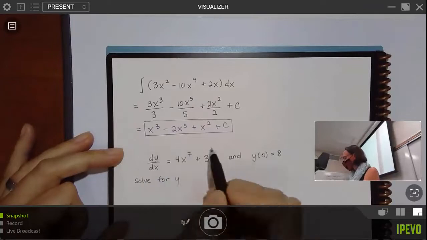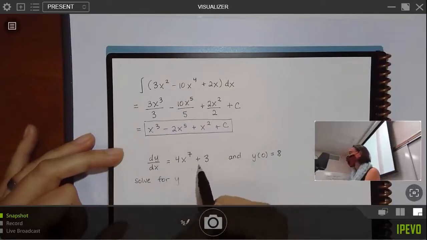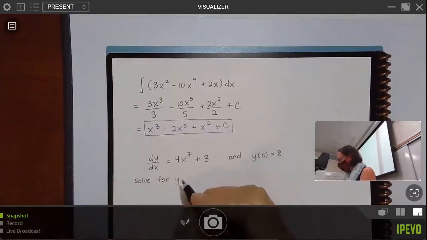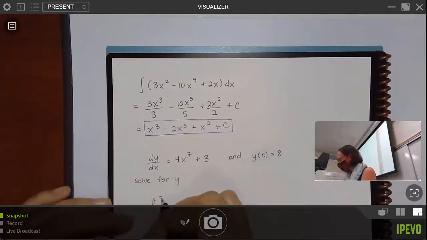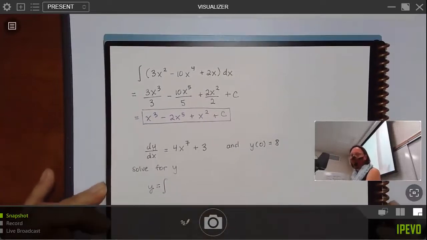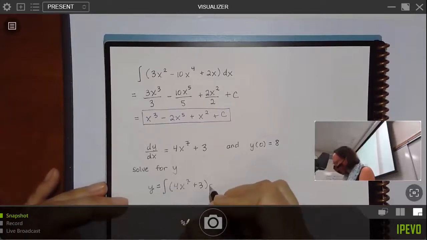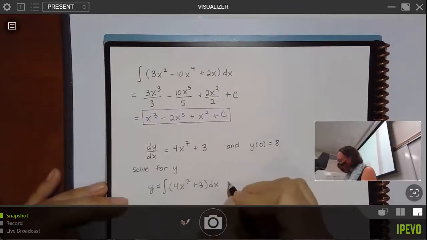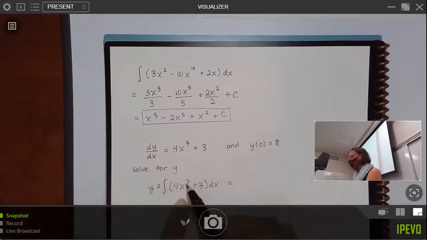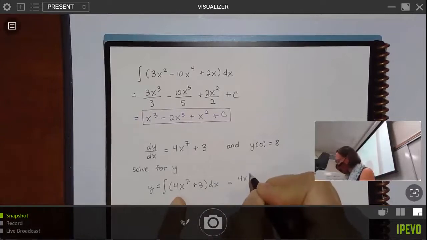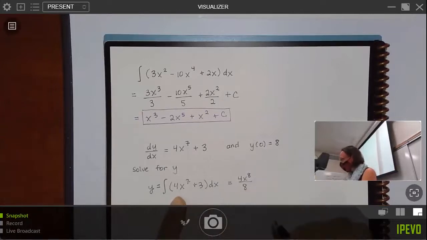So my first step here, if I was trying to solve for y, well, this part is telling me that we have the derivative. To take the antiderivative, part of our notation for that is to write this integral sign, kind of like a big S, of 4x to the 7th plus 3. When I find that antiderivative, I'm going to add one to the exponent, so I'd have 4x to the 8th divided by the new exponent.